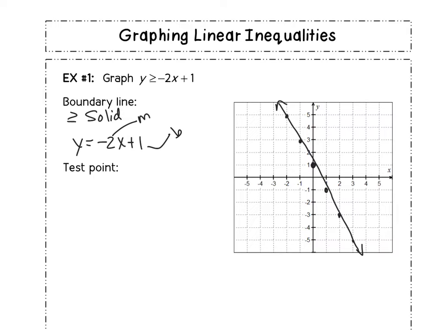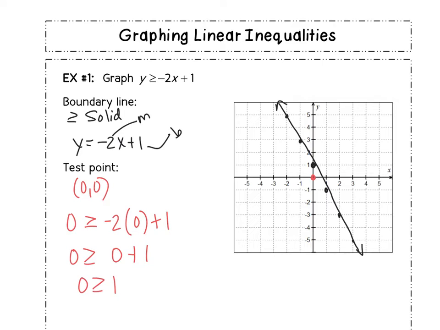Then it says test point. So we're going to do the same thing. We're going to pick a test point. I'm going to use 0, 0 and plug it in. So 0 is greater than or equal to negative 2 times 0 plus 1. So 0 is greater than or equal to 0 plus 1. Is 0 greater than or equal to 1? Nope, that's false. So that means my shaded region is not there. My shaded region is the other side completely.